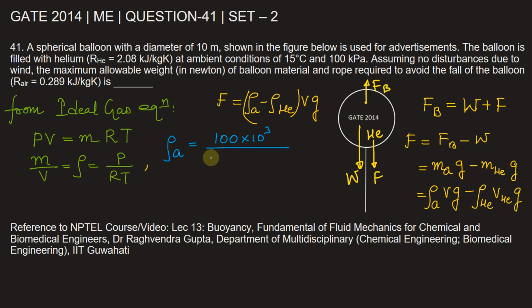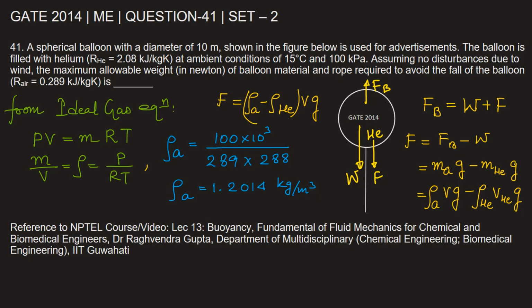The gas constant of air is 289 joule per kilogram Kelvin multiplied by the ambient temperature of the air, that is 15 degrees Celsius. So we'll add 273, and 15 plus 273 is 288 Kelvin. So from here we'll get the density of air is equal to 1.2014 kilogram per meter cube.